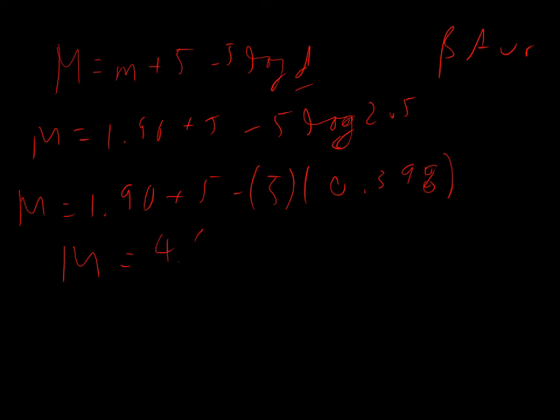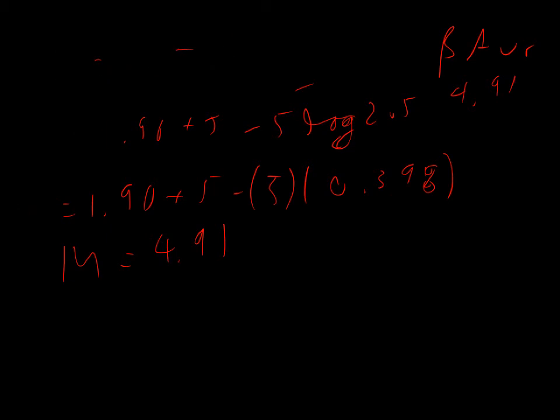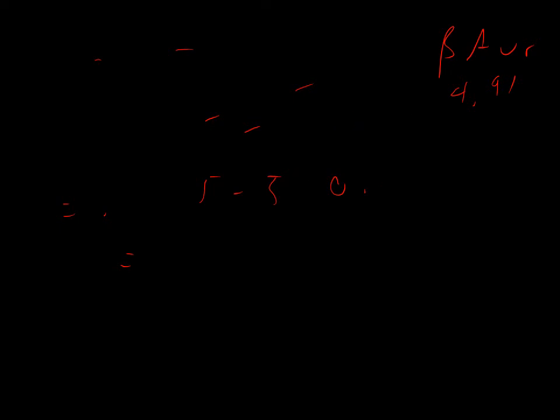So the absolute magnitude of Beta Aurigae is 4.91. Now let's find the absolute magnitude of the other star. Let me erase all that. If you don't get 4.91 when you did that, go back and figure out what you need to do. Figure out how to use your calculator. So that's the absolute magnitude of that star.